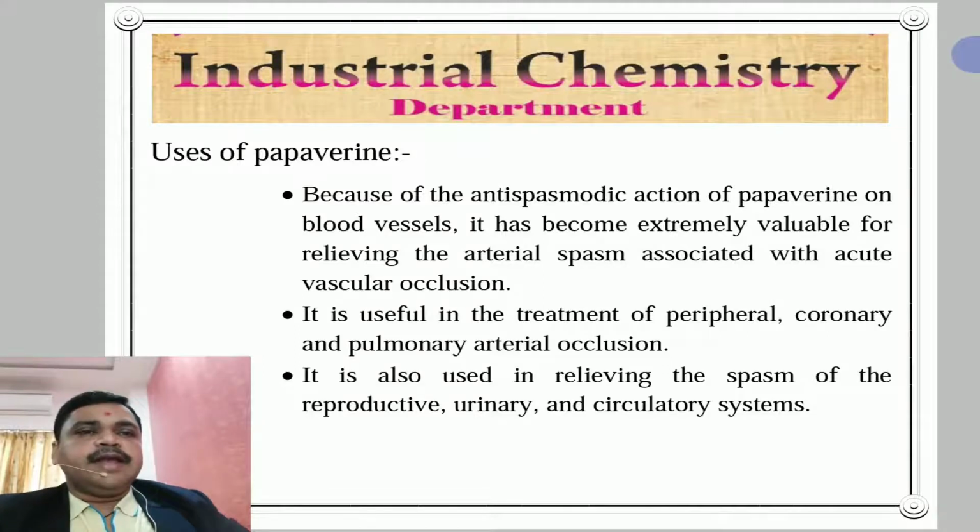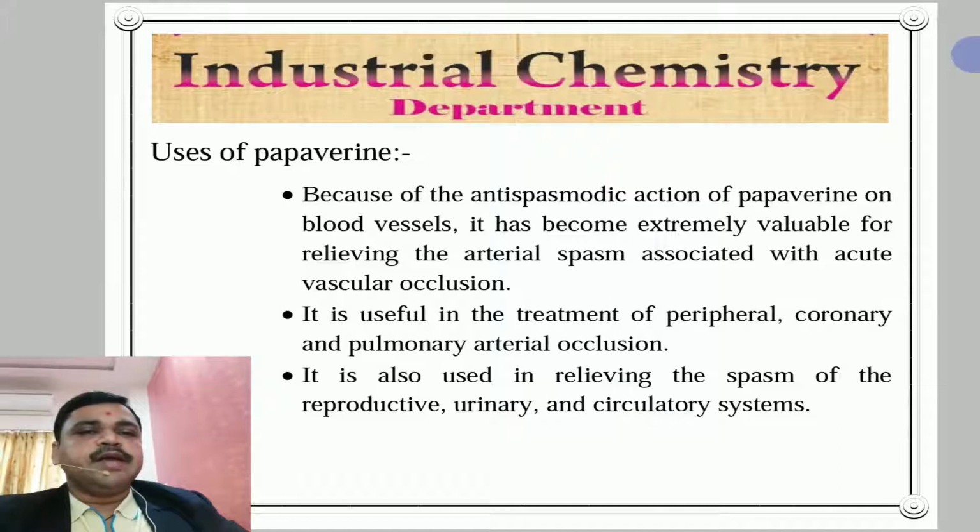Now, medicinal application of papaverine. Because of the antispasmodic action of papaverine on blood vessels, it has become extremely valuable for relieving the arterial spasm associated with acute vascular occlusion. It is useful in treatment of peripheral, coronary and pulmonary arterial occlusion.